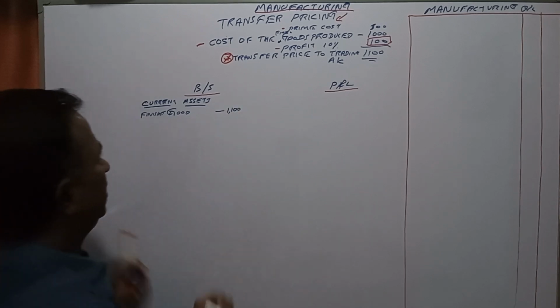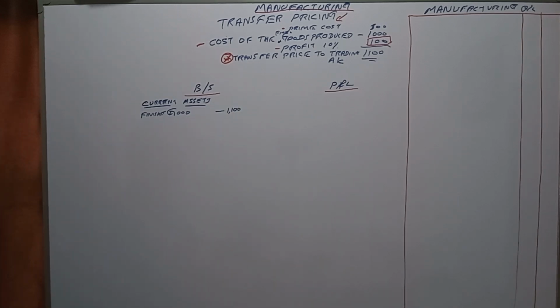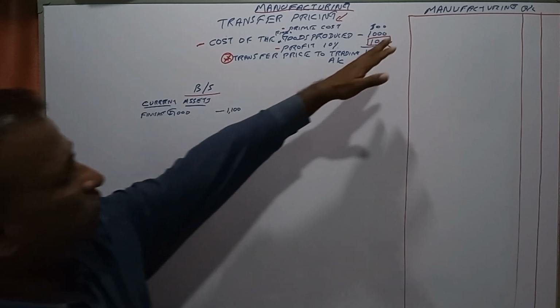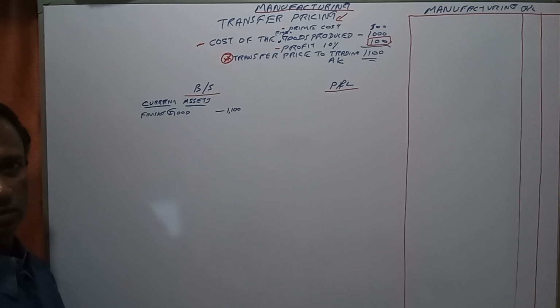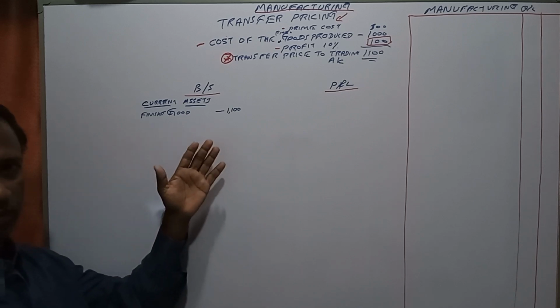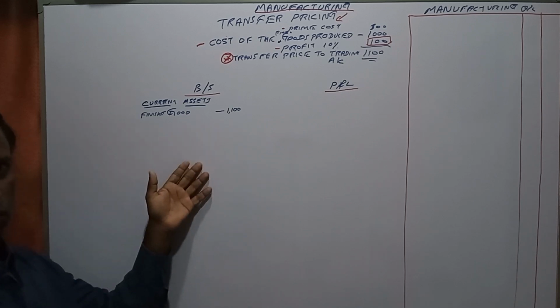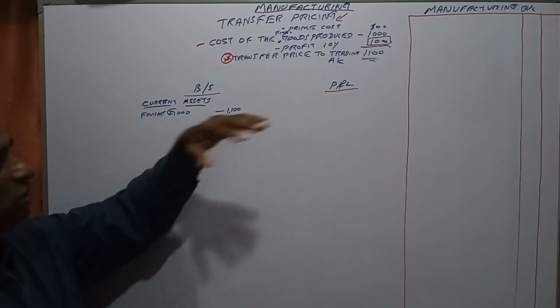In the balance sheet, can you show 1000 or 1100 as per IAS 2, international accounting standards? You cannot.